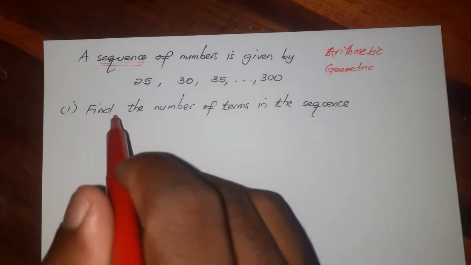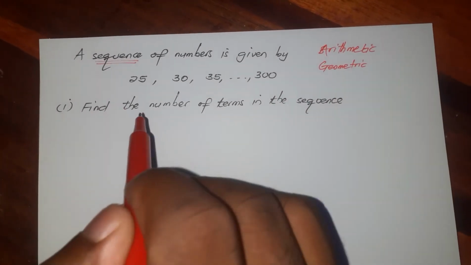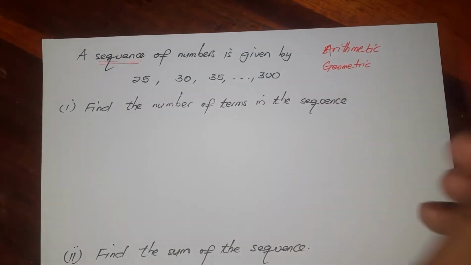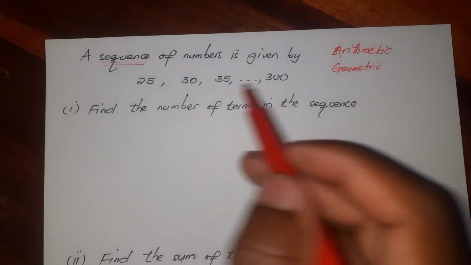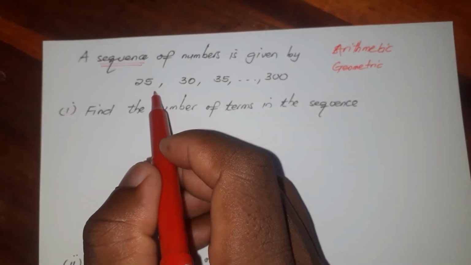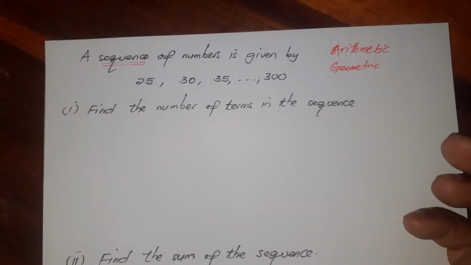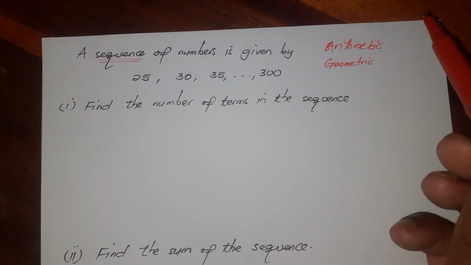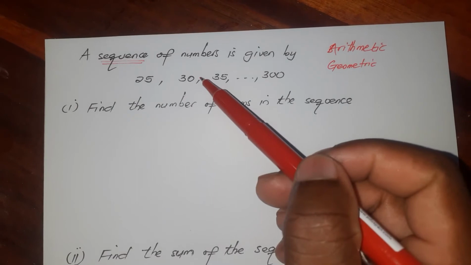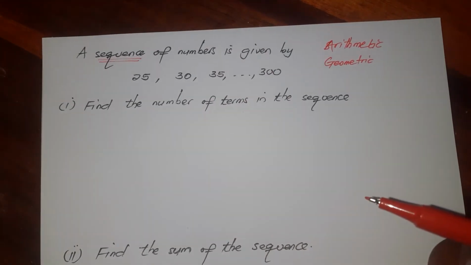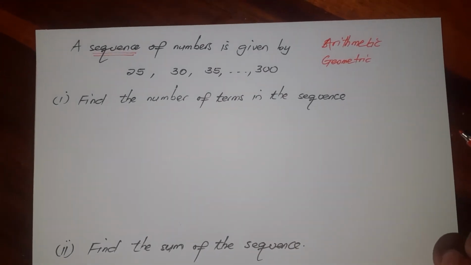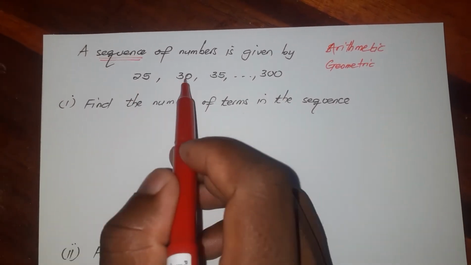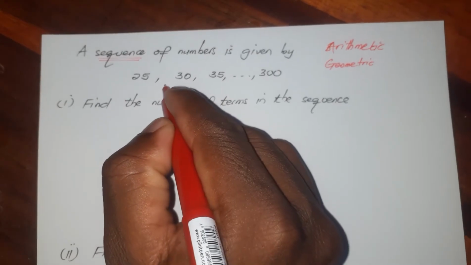In order for us to solve this question, first we need to tell whether the sequence that we have is arithmetic or geometric. Now, in our sequence, what should guide us is the pattern of the sequence. From the first term to the next, what is the difference? From 25 to 30, the difference is 5.